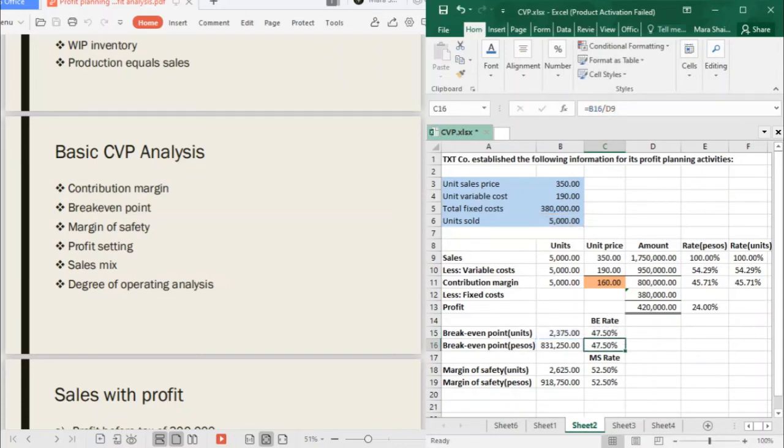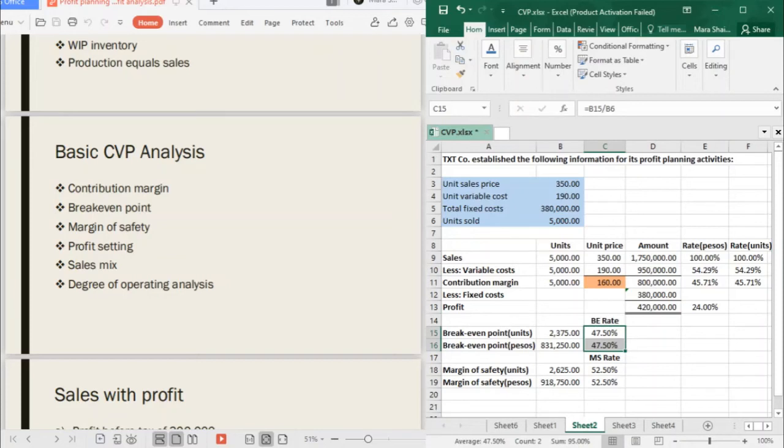Now, again, whether it is in units or in peso, your break-even rate should be the same. As you can see, our 100% base is the sales.